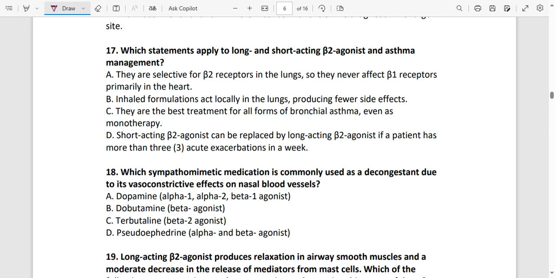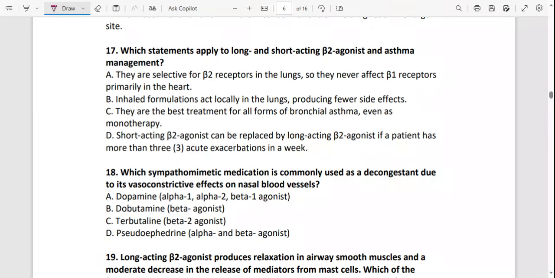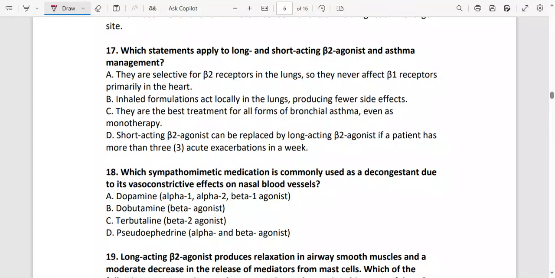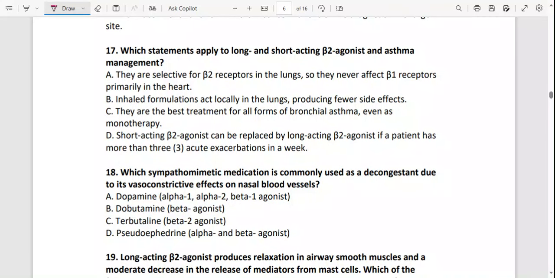Anyone? D. Do you have any thought of why you think it can be D?